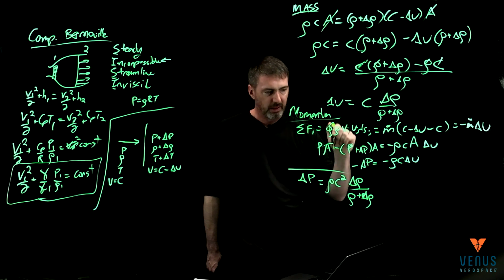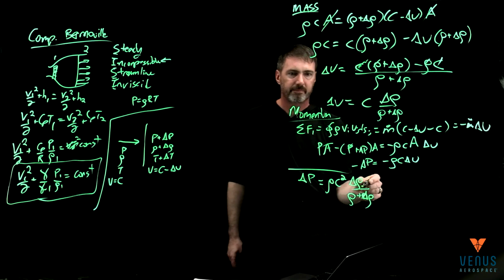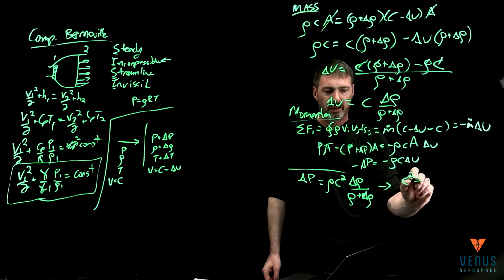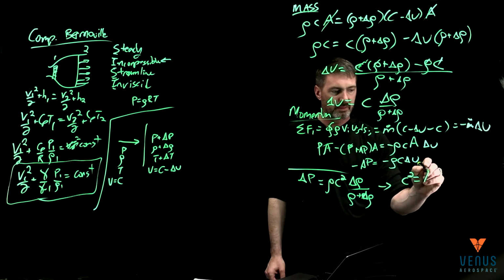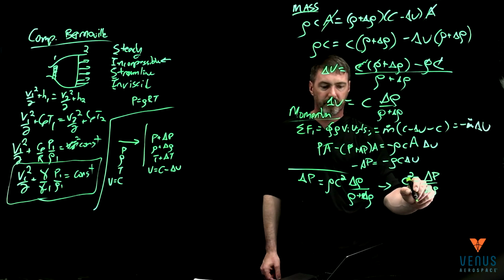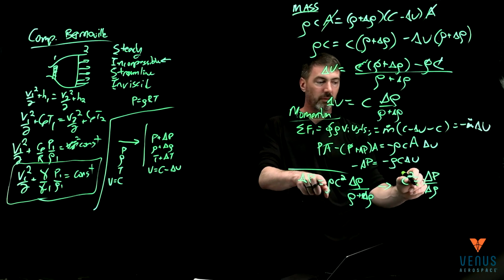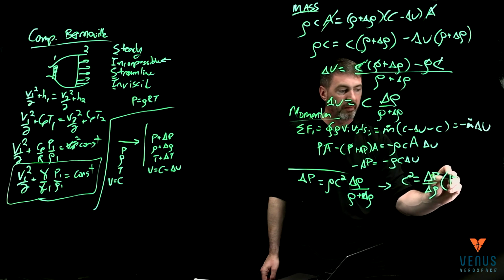Okay. And now I'm going to solve for C squared. And so C squared is then delta P over delta rho, and then I have a rho plus delta rho over rho, or in other words, 1 plus delta rho over rho.